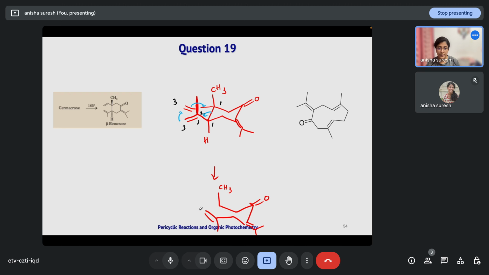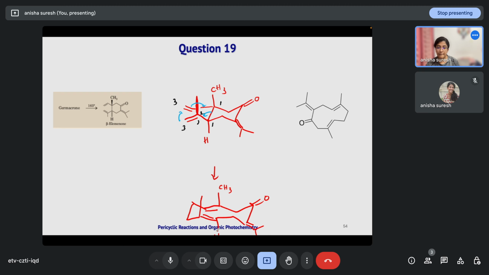Pardon my worst drawings. So here a new double bond is forming. Okay, so this is the structure of germacrone.